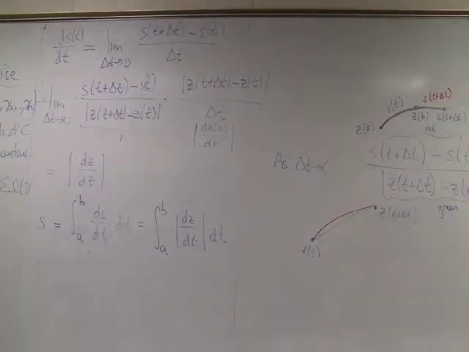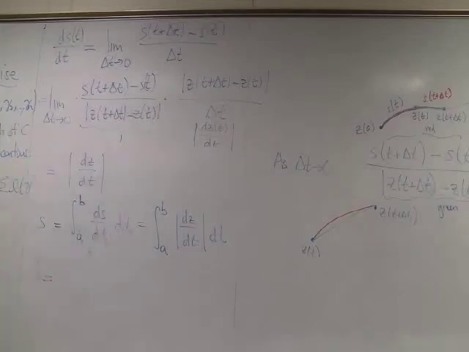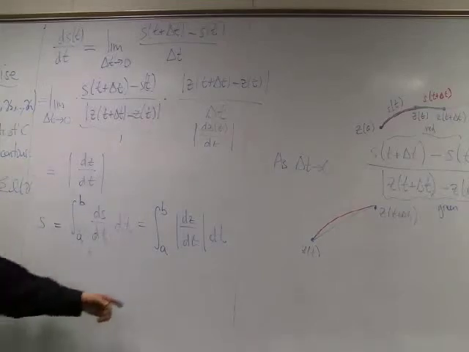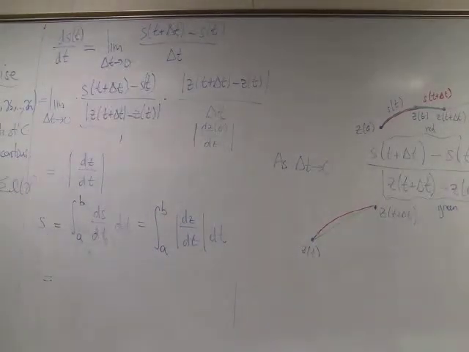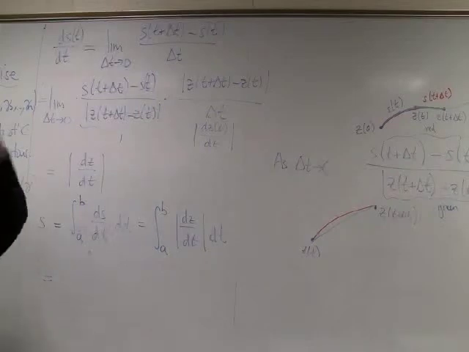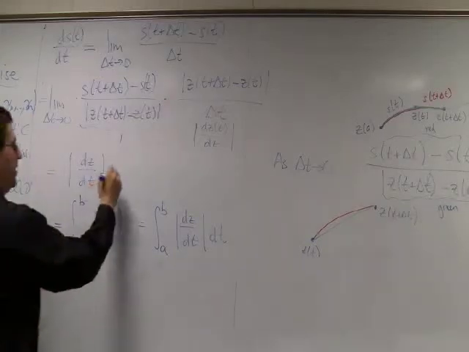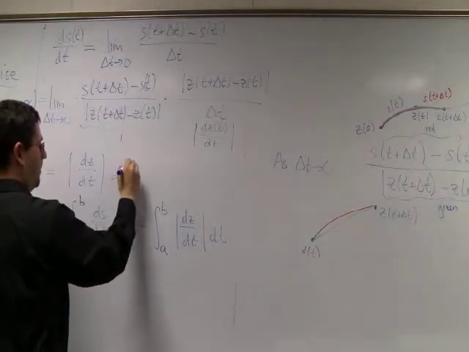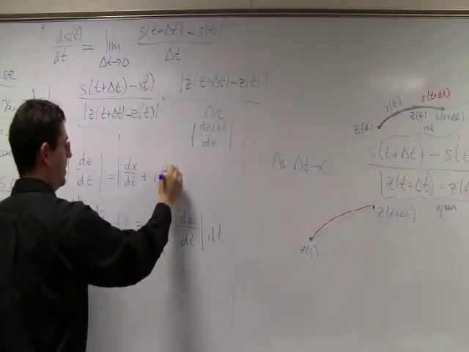There's another way to write this that's going to start looking a little more familiar. The derivative of z is x of t plus i y of t, and we said the derivative of z is just the derivative of x plus i times the derivative of y. So we could write this as the norm of dx dt plus i dy dt.